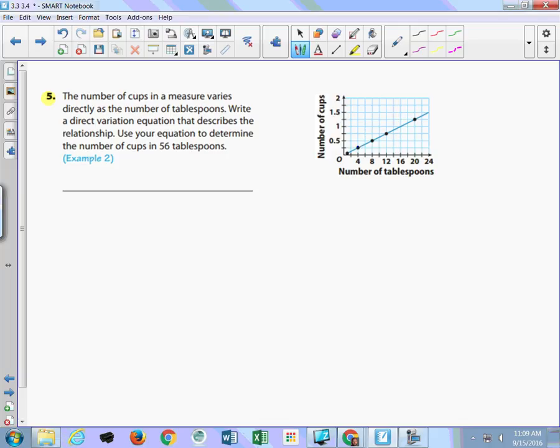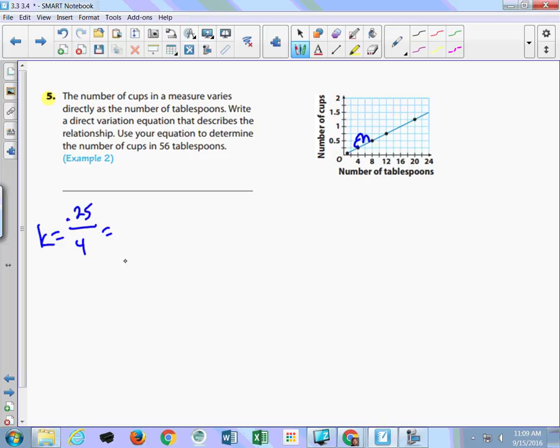That's 0.25. So 0.25 over, this is going by 2s, 2, 4. Okay, so we're going to take 0.25, that is our k.